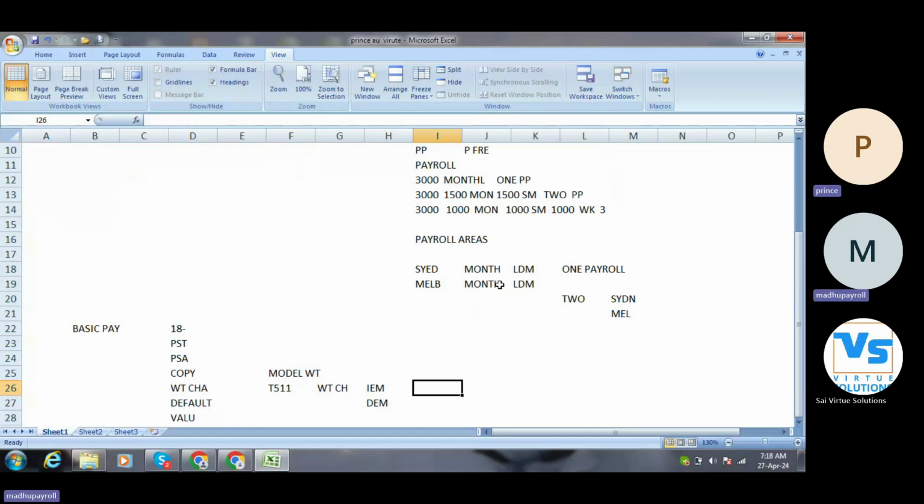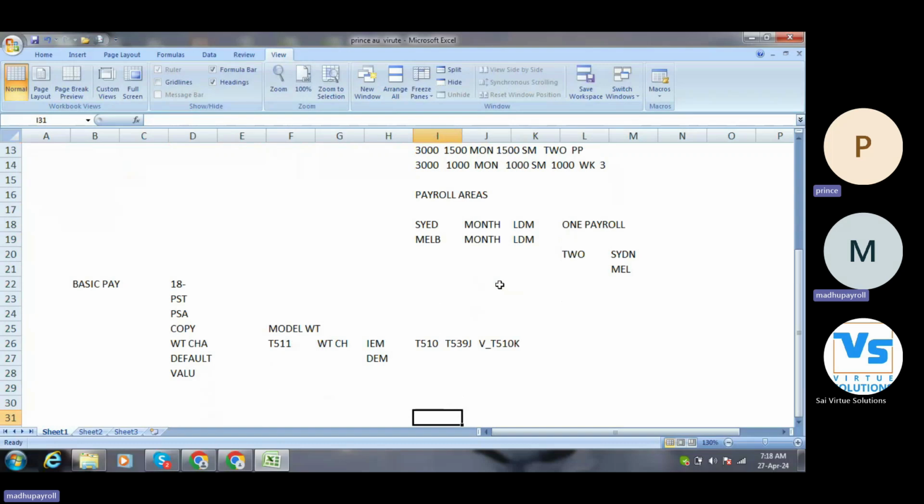If the amount is entered by the system, it should come from somewhere: either the T510 table, or the T539J table, or the V_T510K table. This is based on the T511 characteristics.